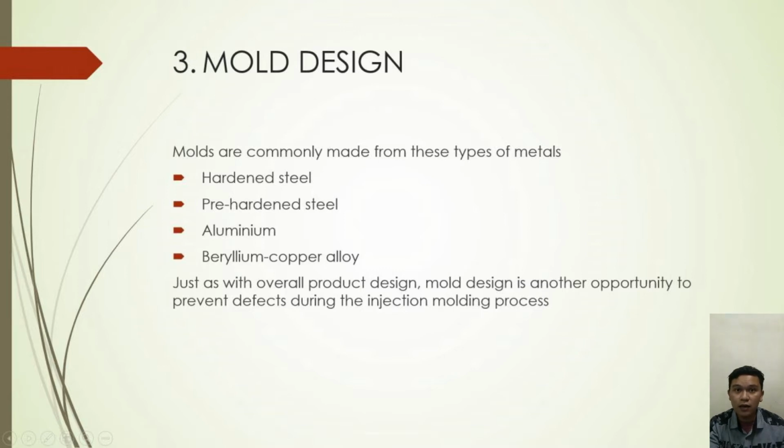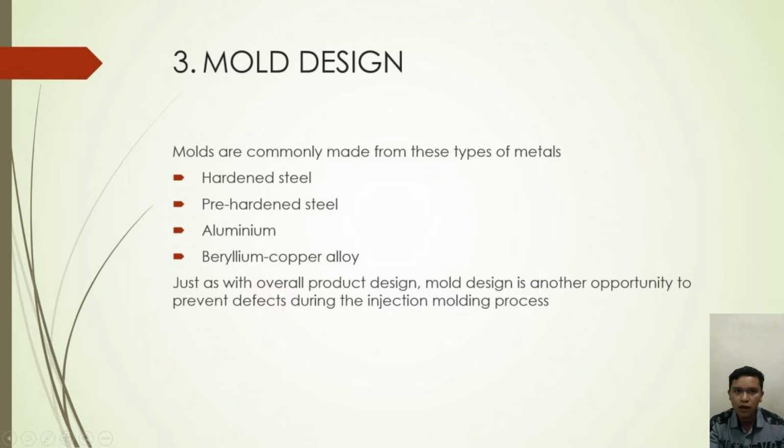Aluminium is most commonly used for single cavity prototype tooling when a relatively low number of parts are needed for testing. Once the injection molded parts from this tool are tested and approved, then a multiple cavity steel production tool is produced.